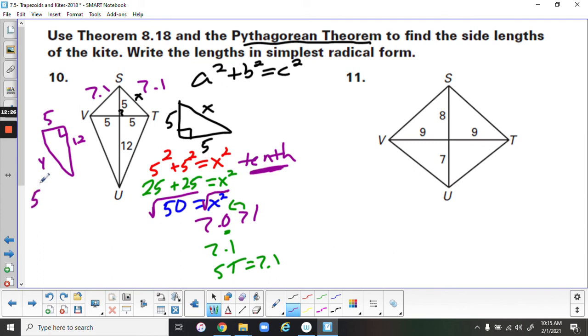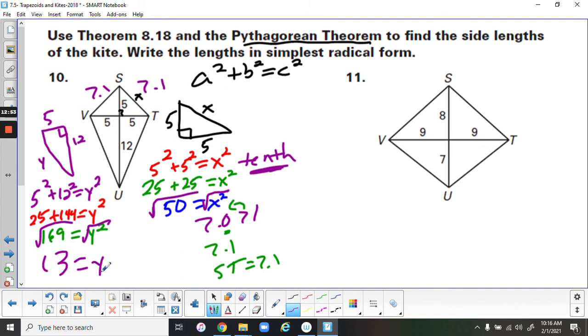So we'd go 5 squared plus 12 squared equals y squared. 25 plus 144 equals y squared. 169 equals y squared. And if you take the square root of 169, it comes out nice, 13.